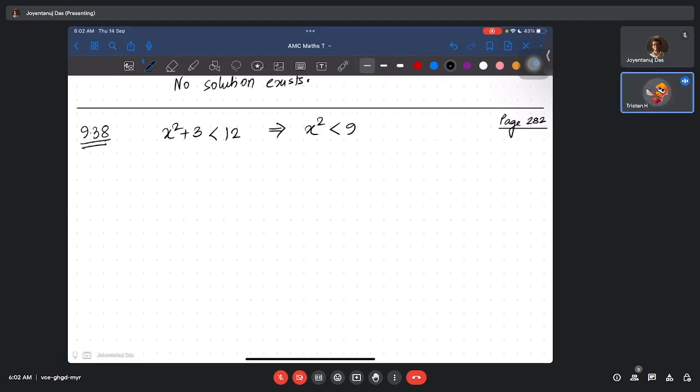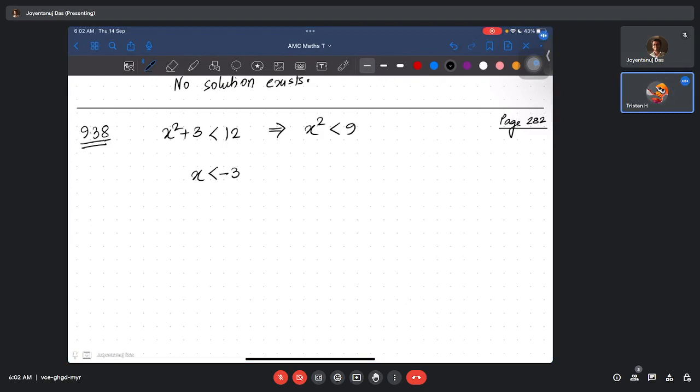So x would be less than 3. Less than 3. Will any value less than 3 work? Think about it. X less than -3, sorry. No. Correct. So you're saying x less than negative 3.